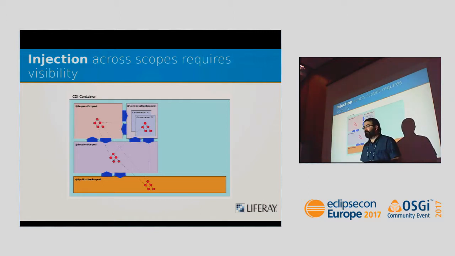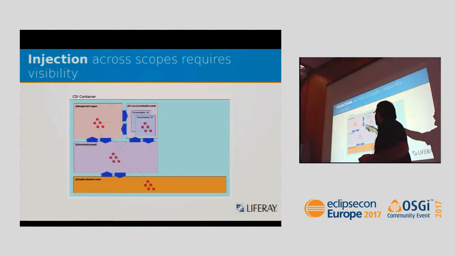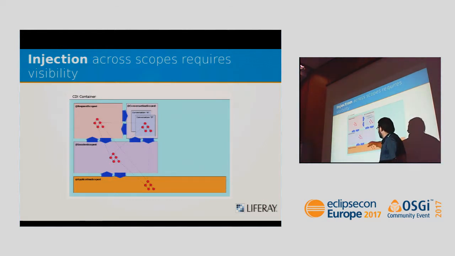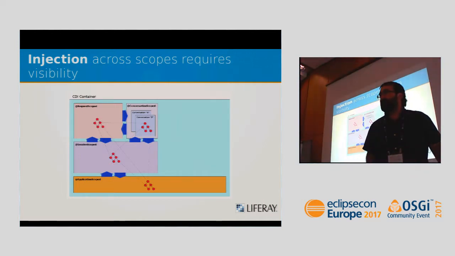So whenever one of these beans accesses one of these beans, it's getting a proxy. Behind the scenes, the CDI engine is saying, during the thread that my application is accessing this bean, I better have an active session scope from which I can get a bean that's accessible. Otherwise, I'm going to get an exception.